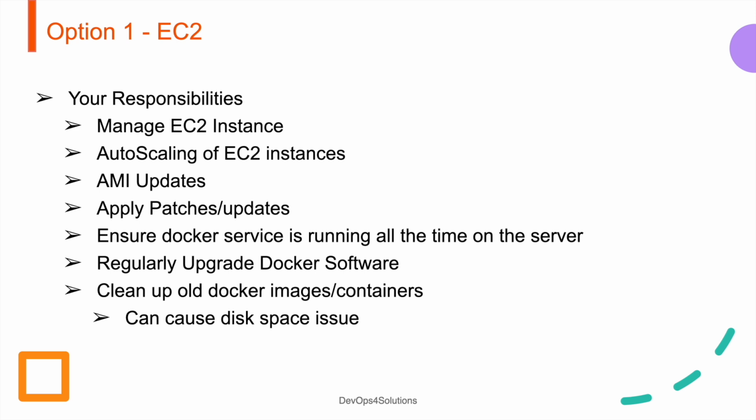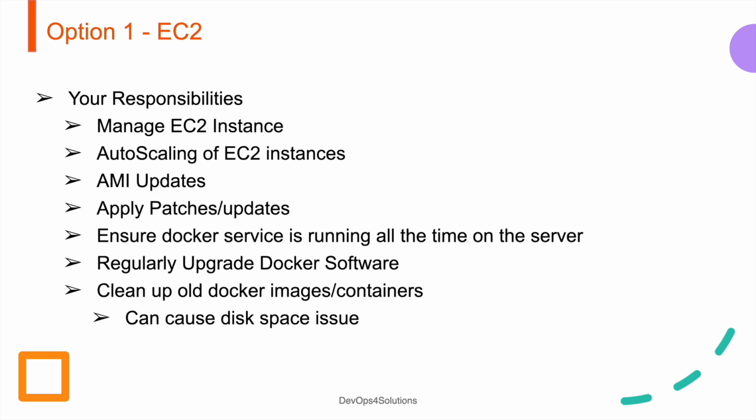The last, and very important, is cleaning up the Docker images or containers, because we are not using any managed service of AWS. So it is your responsibility to clean up any dangling images and any stopped containers. You have to do that. If you don't do it on a regular basis, you will see disk space issues.